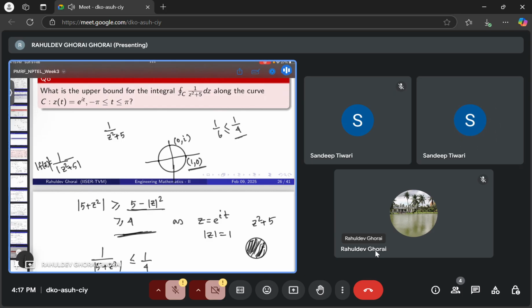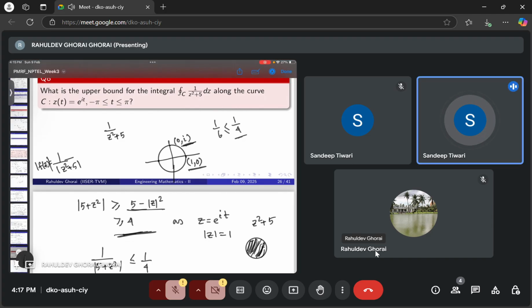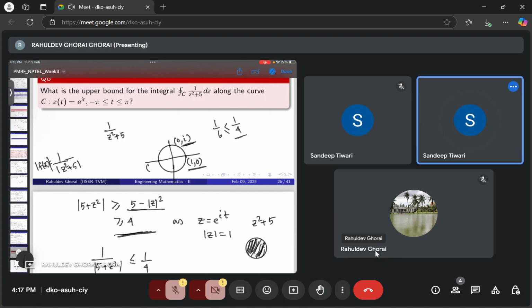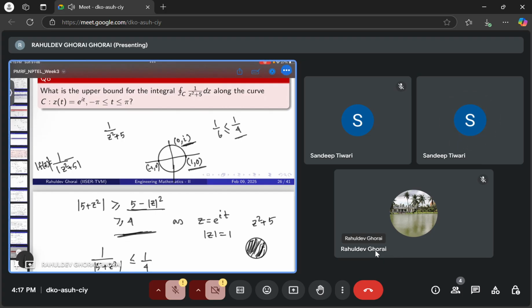Yeah, but maximum in the sense, sir, maximum or minimum, both. Yeah, maximum and minimum both will be attained. So it will be minus 1, 0, and 0, minus i.